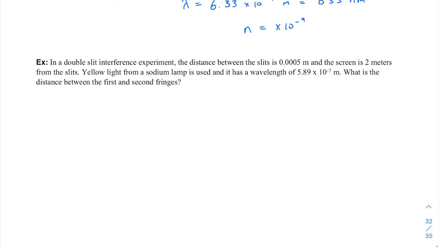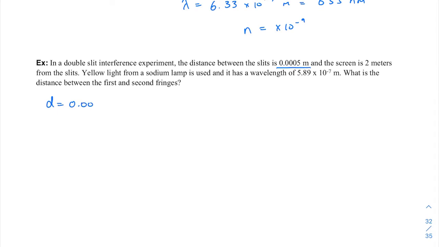This says in a double slit interference experiment, the distance between the slits is 0.005 meters, so that's the d. And the screen is 2 meters from the slits, so that's the L. That's the distance between where the double slit is and where we're seeing our bright and dark spots. And yellow light from a sodium lamp is used, and it has a wavelength of 5.89 times 10 to the negative 7 meters.